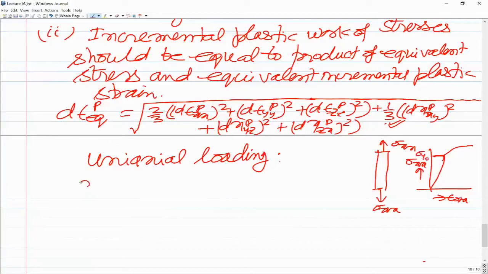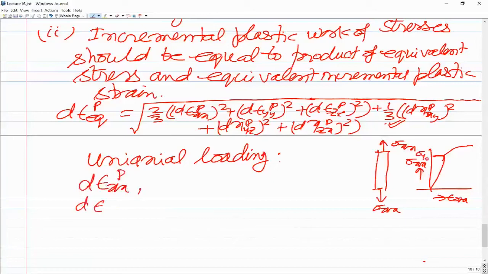In uniaxial loading the only non-zero component of stress is sigma xx. Sigma yy, sigma zz, tau xy, tau yz and tau zx are all 0.